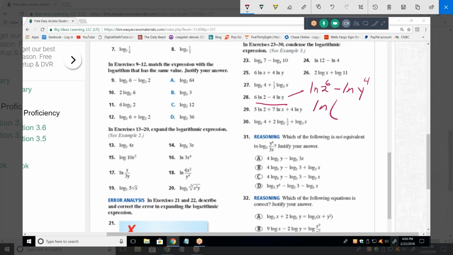So ln of, let's see, hold on. That's 64. Oh, it's 64. Okay. That's what 2 to the 6th is, okay? What goes in the denominator? Y to the 4th. That's it.